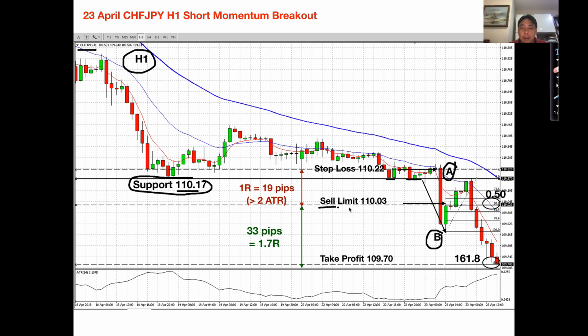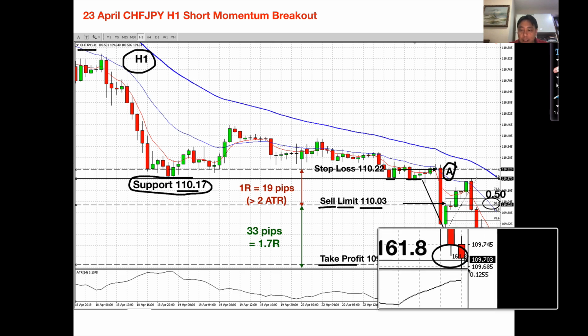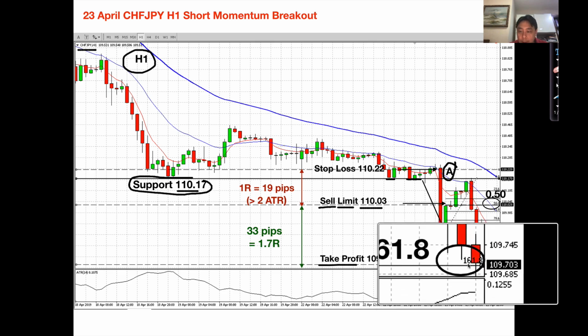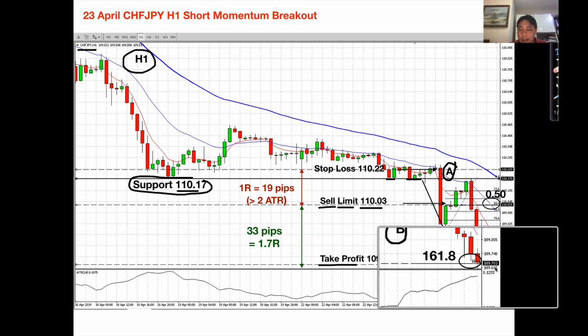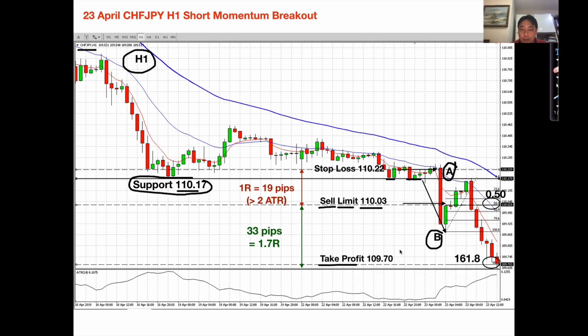We'll be selling, put a sell limit order at 110.03, and our profit target would be at the 161.8 level, drawn by the Fibo tool, that is at 109.70. There we go. Okay, so that's my entry, that's my profit target.